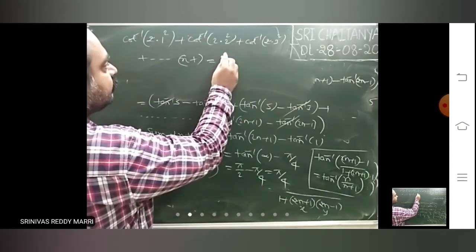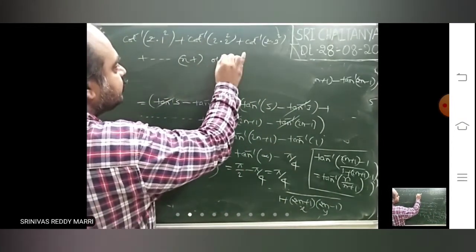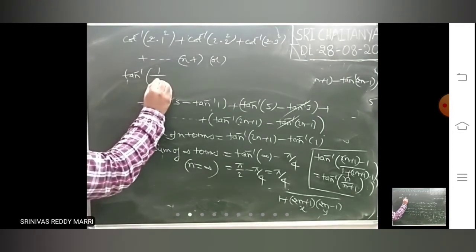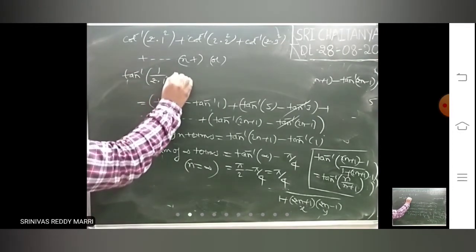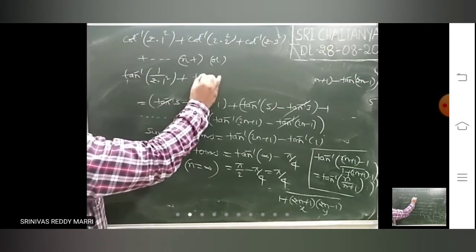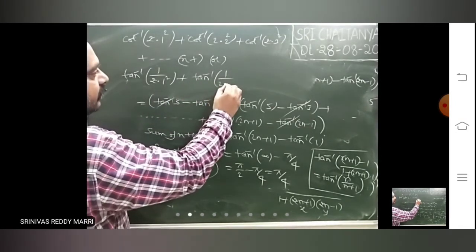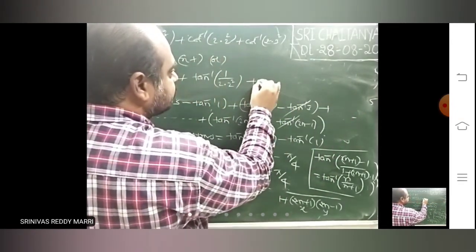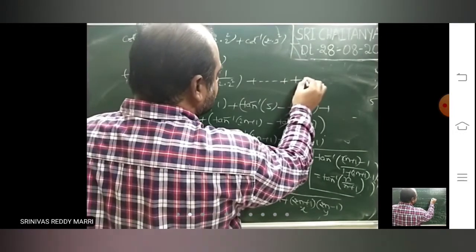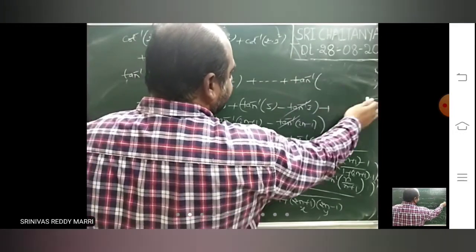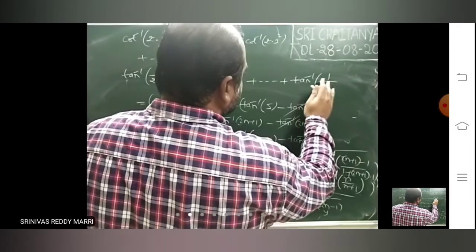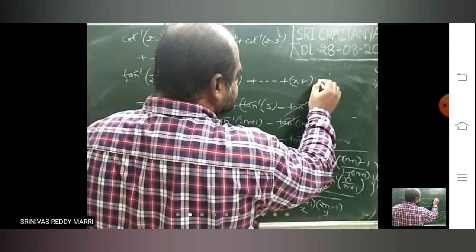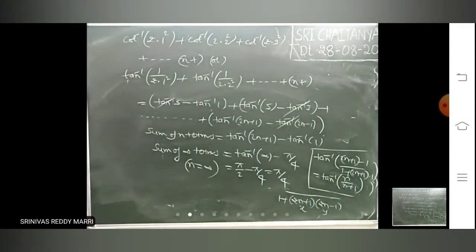The series will be given like this in tan inverse, whatever it may be. You remember this formula: 1 by 2 into 2 square, plus and so on, tan inverse, and so on, n terms. Either this or the same.